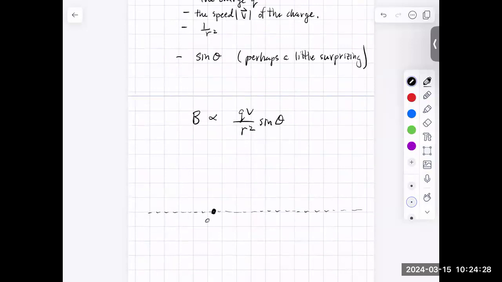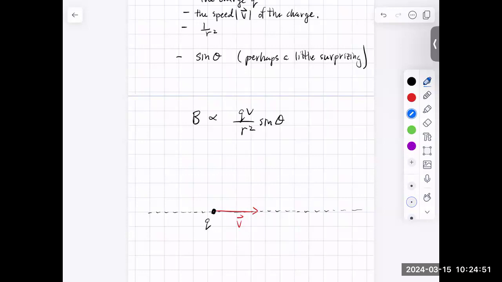So here's our Q. We'll draw our velocity vector again. Here's V. What I'm going to do is draw a bunch of different points P. They're all going to be the same distance away from Q, so I'll keep that R value fixed, the length fixed, but I'm just going to change the angle.